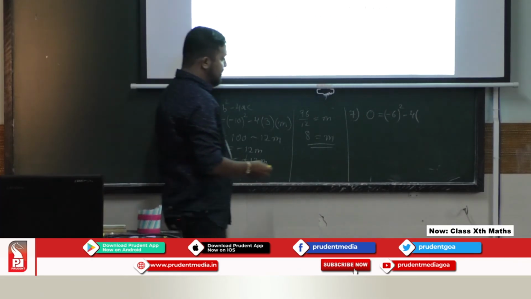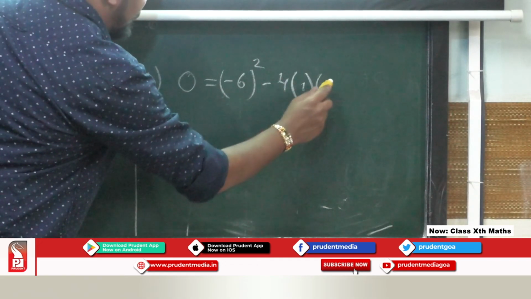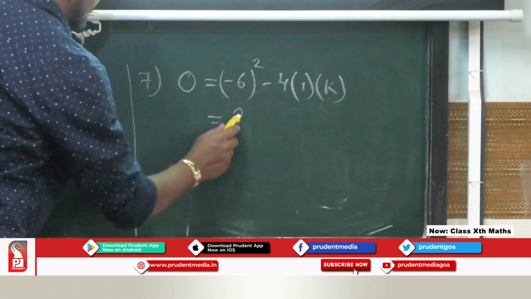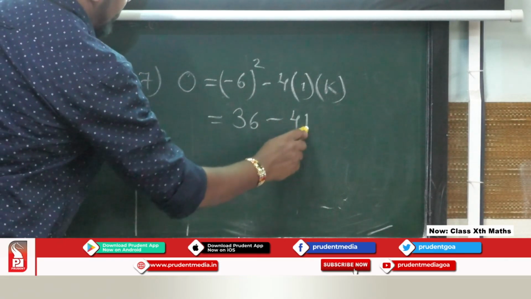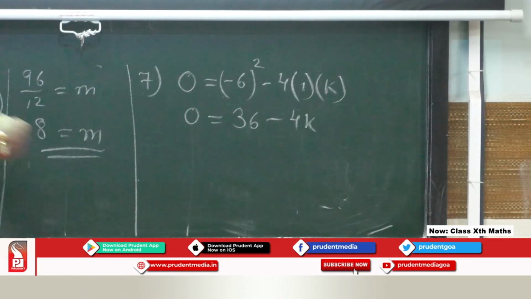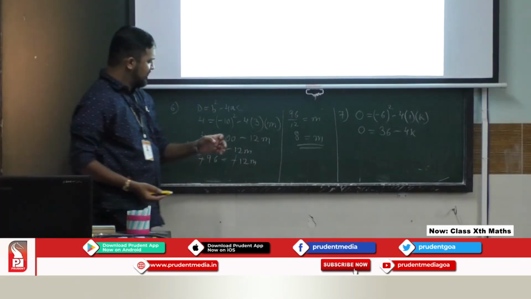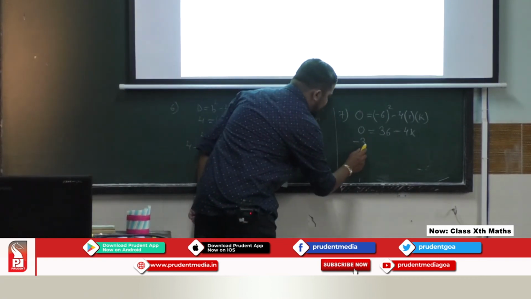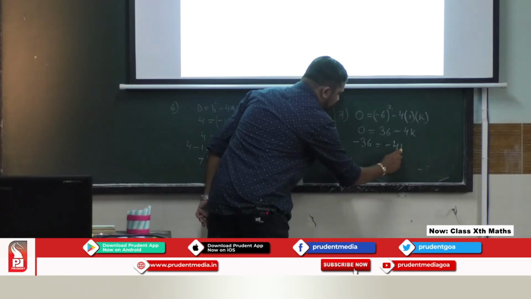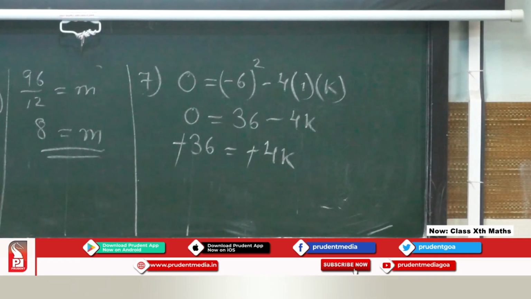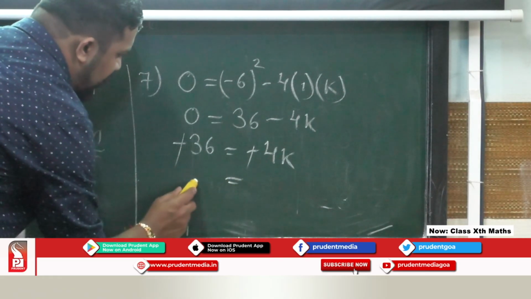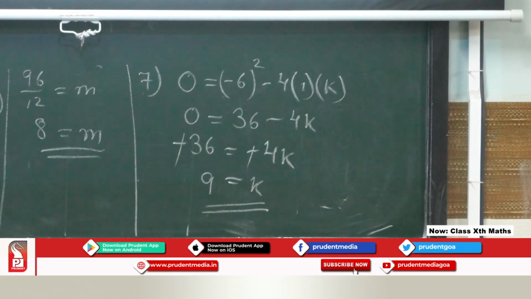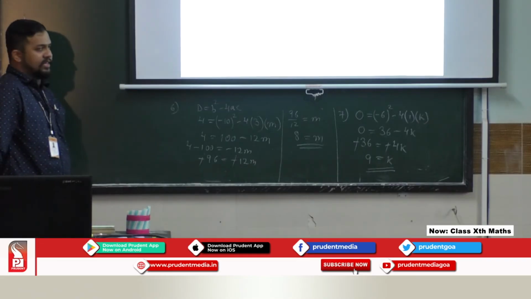My a is 1 and my c is k. 6 square, 36, 4k. Now I will take the 36 another side. So now I write directly, just now here how we have done, 4 minus 100. So 0 minus 36 will be negative 36 minus 4k. Cancel, negative. 4 table 36, 4 ones are 4, 4 nines are 36. So value of k equal to 9.